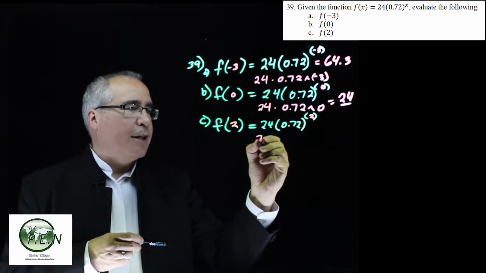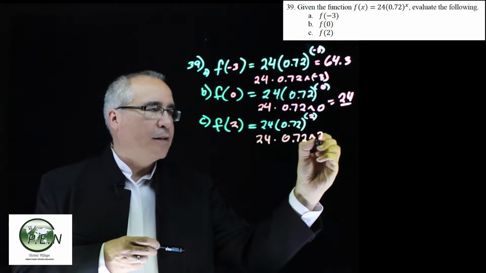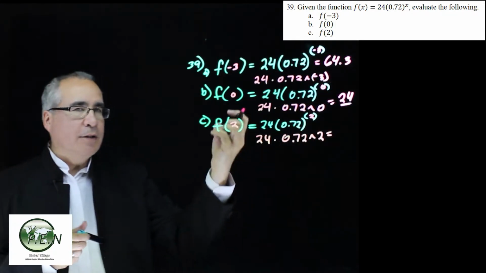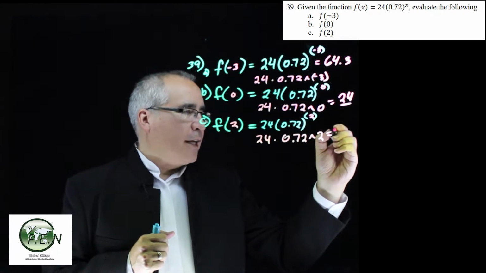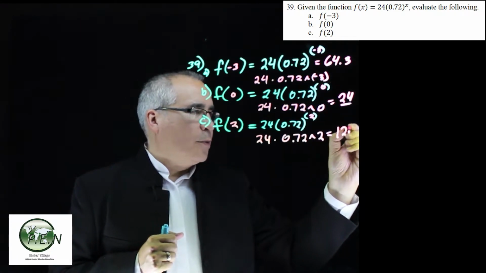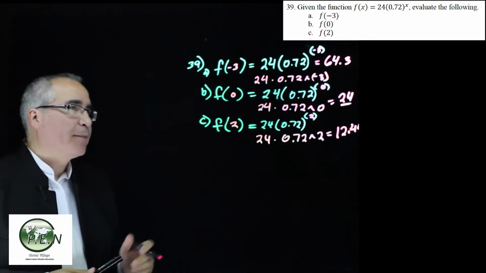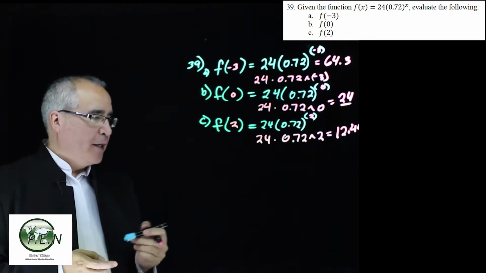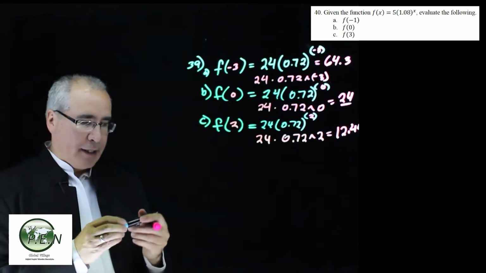In our calculator, that's 24 times 0.72 raised to the 2nd power. We have decreased 2 times, so we'll definitely have less than 24. In fact, we'll have 12.44.